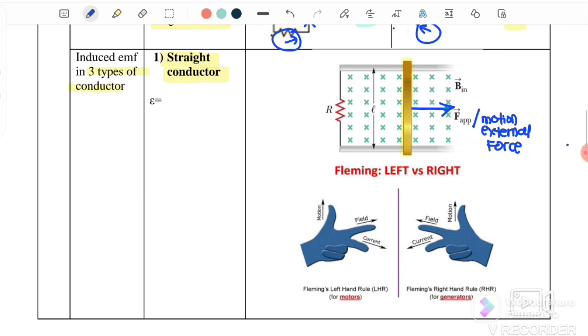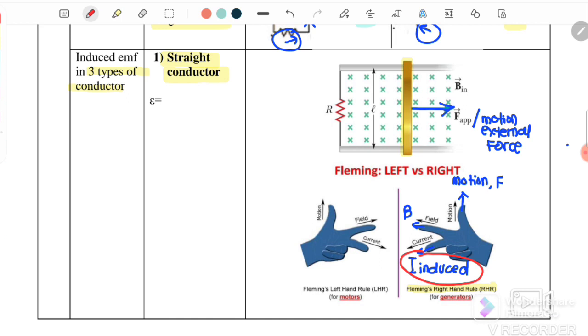When we have the force or motion to the right, we must use Fleming's right hand rule to determine the direction of the induced current, where the thumb represents the motion or force applied, the first finger represents B, the magnetic field, and the middle finger produces the I induced. This is the direction that we want to find.